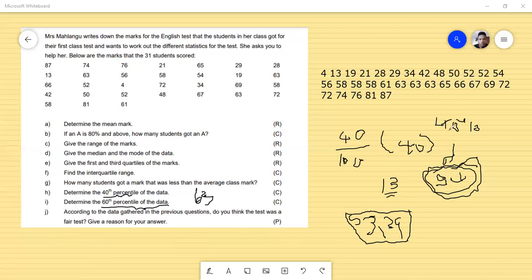And we are saying that 40% of the students got 54 or less. So if 40% got 54 and less, that means we haven't yet got 50%, because 50% of the class got 53. So if 40% of the class is higher than the 50%, then it means that yes, it was a fair test.